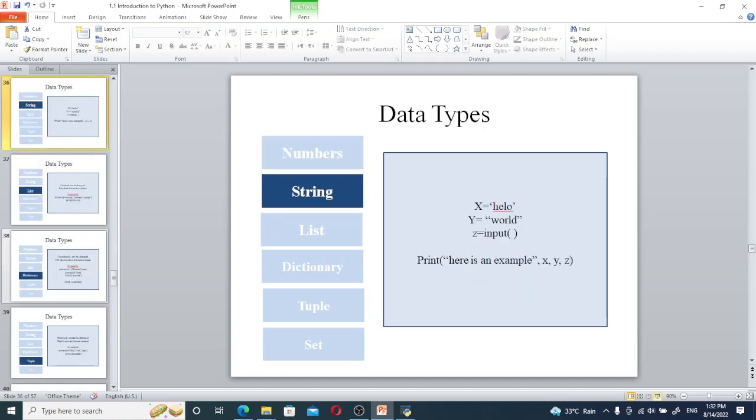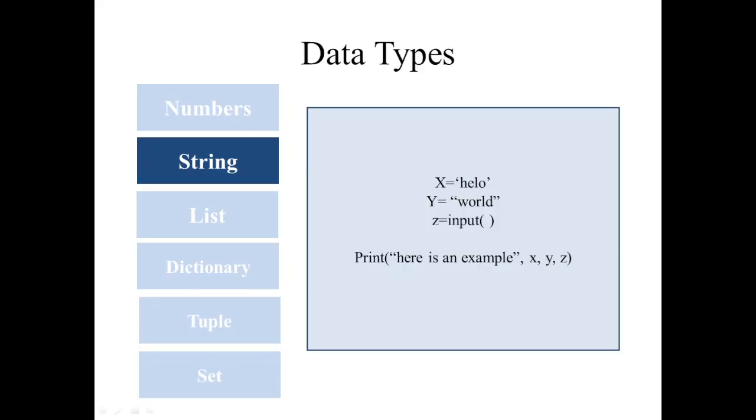String means you want to store the value in any form that is a combination of words or sentences, and anything other than numeric value is called string, whether in the form of a single word or any sentence. Whenever you write this type of data, you always use quotations, which means that you use single or double quotes at the start and end.